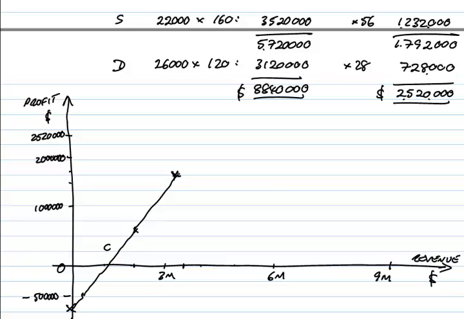Oops. So that is S. And finally we then sell D. It takes total revenue up to 8.84, which is about there. And the total profit up to 2.52. So there.